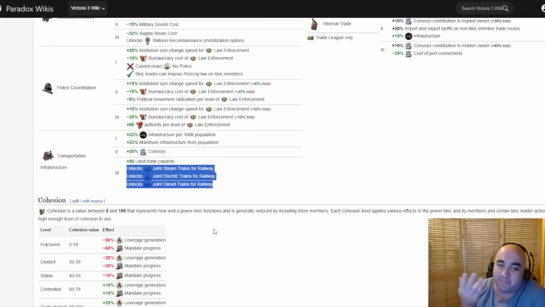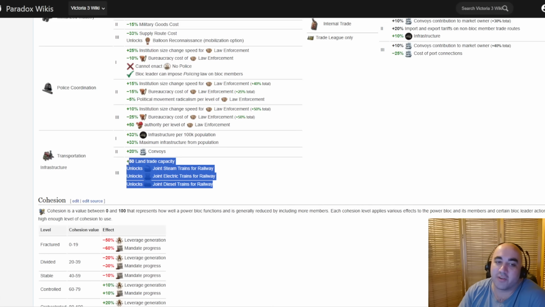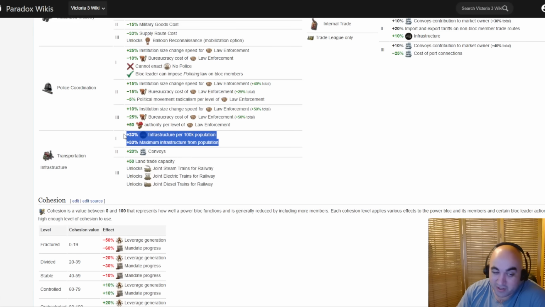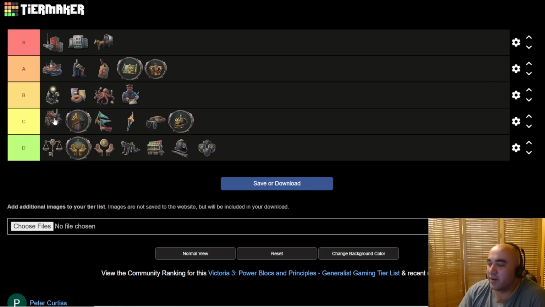So I think these two just kind of almost cancel out with each other, because once we already have the railways, it's not going to feel as bad building a railway to handle the infrastructure, and then we're just getting extra infrastructure on top of it. But okay, it's just kind of almost there. It's almost reasonable, and so we're just going to slot it in ahead of ideological union here.